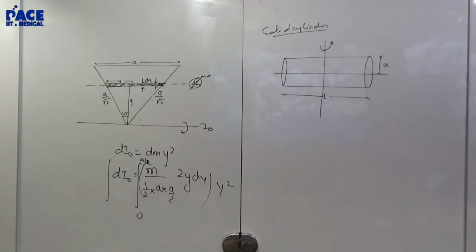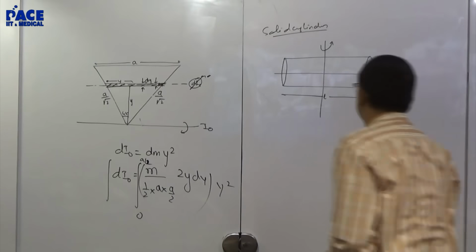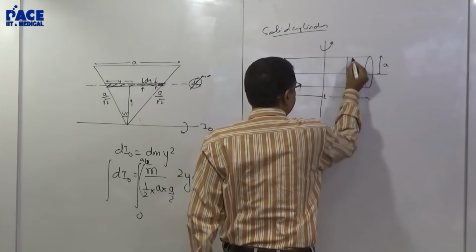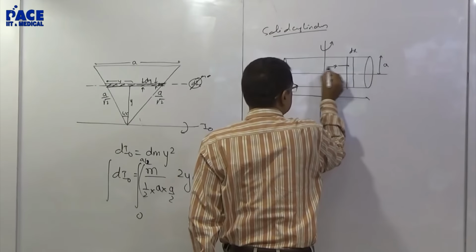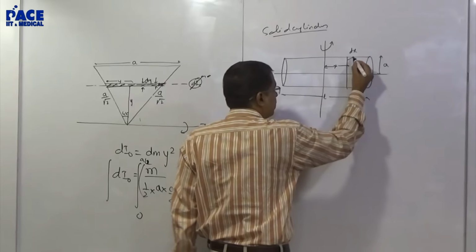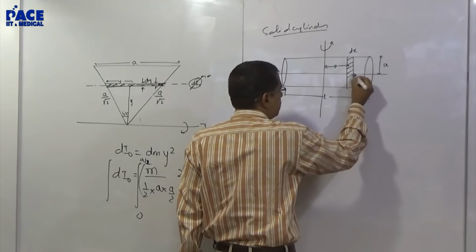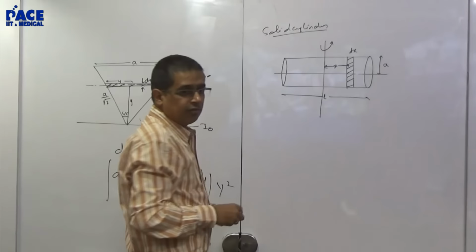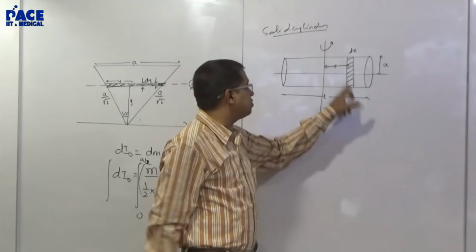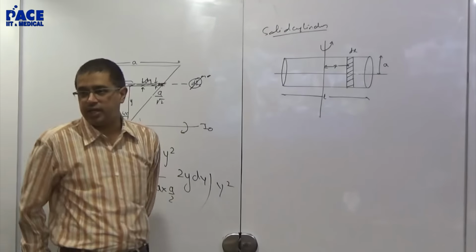What is the element that you will consider? A disk at a distance of x. So when you consider an element of thickness dx at a distance of x, find the moment of inertia of this particular element about this axis and integrate.